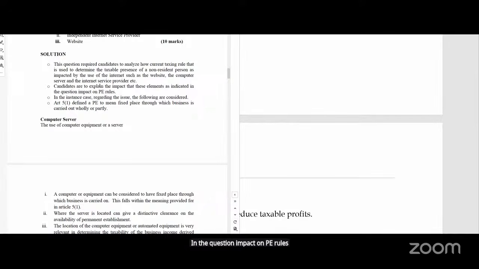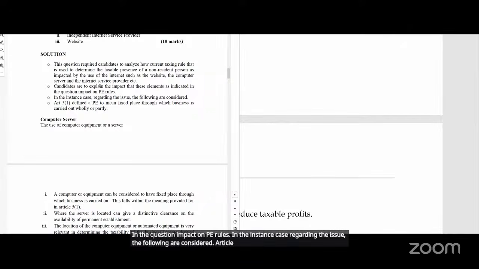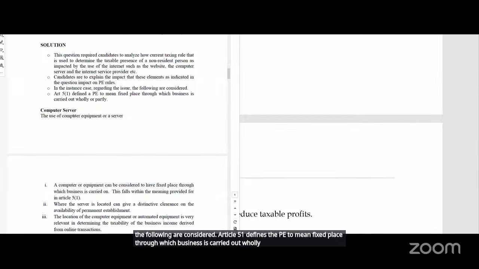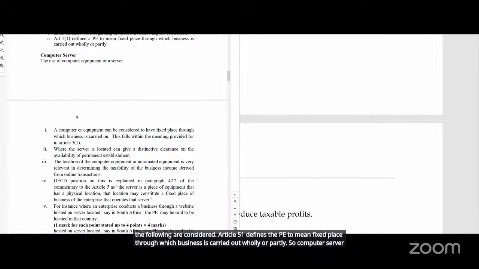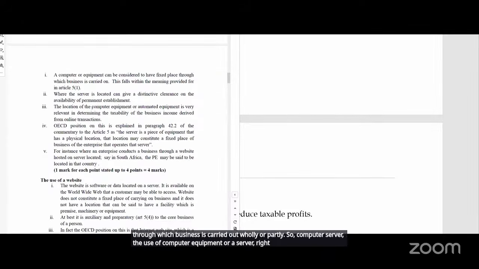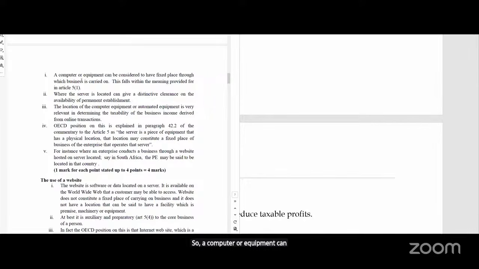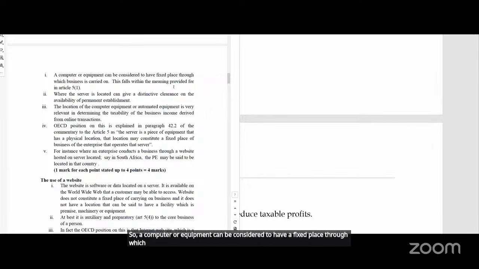In this case, regarding the issue, the following are considered. Article 5.1 defines the PE to mean a fixed place through which business is carried out wholly or partly. So the use of computer equipment or a server, right? A computer or equipment can be considered to be a fixed place through which the business is carried on, and this falls within the meaning provided in Article 5.1.